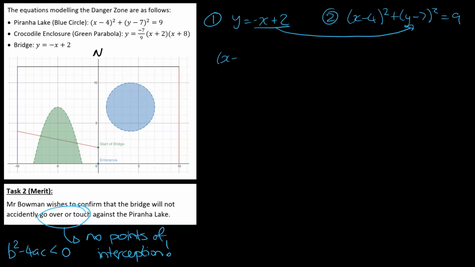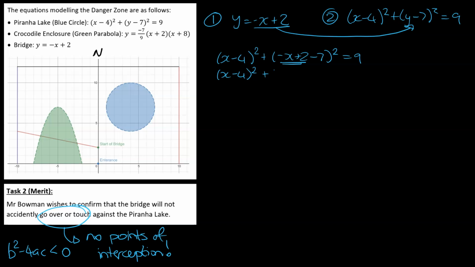So we've got (x minus 4) squared plus (negative x plus 2), so that there is y, and we're going to minus 7 from that. And that's going to be squared, and that should be equal to 9. So let's simplify all this.